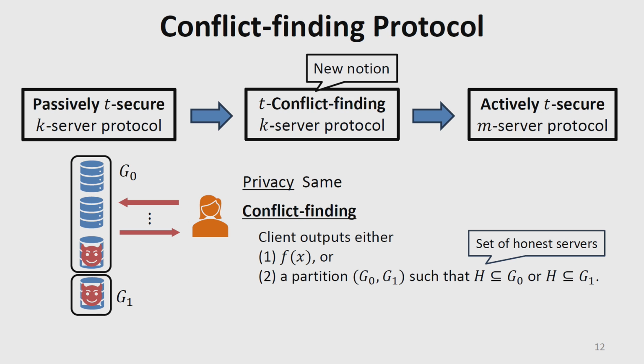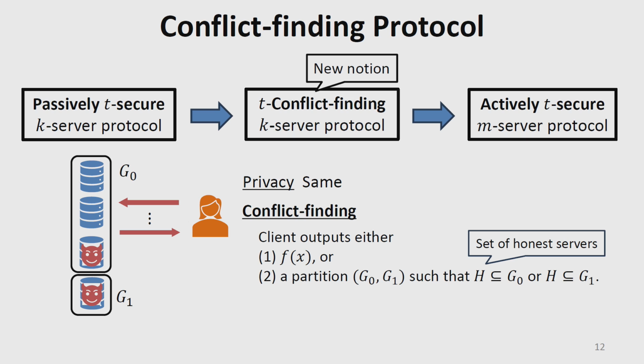An important property is the conflict-finding property, which requires that if servers are malicious, then the client outputs a correct result, in which case nothing is a problem, or the client outputs a partition of the set of servers, such that the set of honest servers is included in one of the 2 parts.